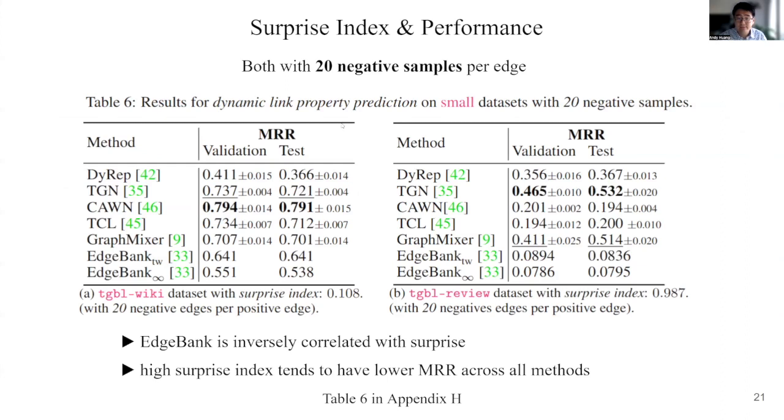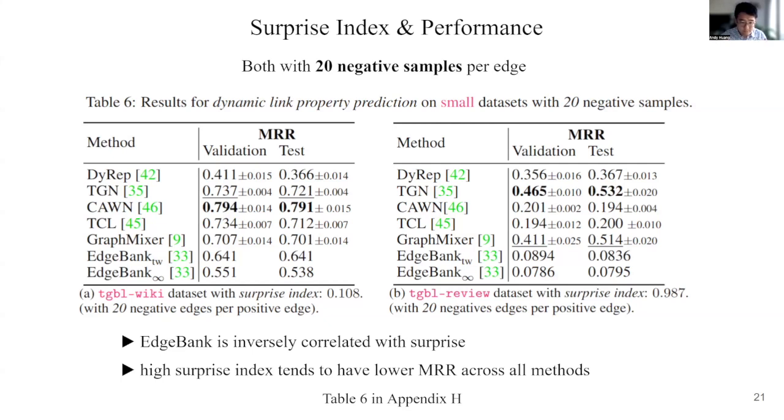And here is the effect of the surprise index. Note that here we put this in the appendix and we fix the number of negative samples per edge for a fair comparison. So we look at two different datasets here for the small scale link prediction task.